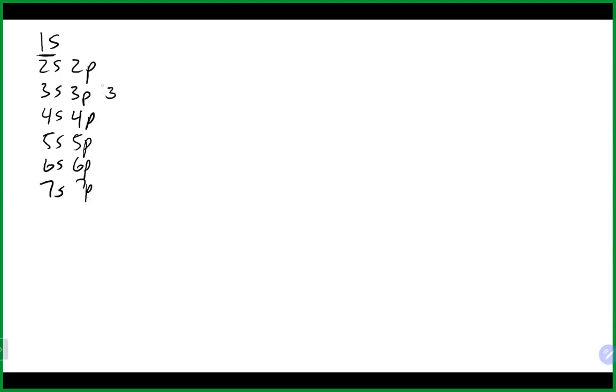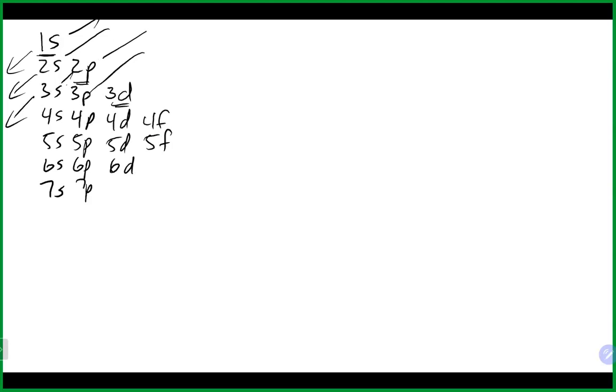Third energy level, that is where d's start. And the fourth energy level, that is where f's start. And this is the order that gives you your electron configuration. And you just keep following the arrows until it's all filled out.